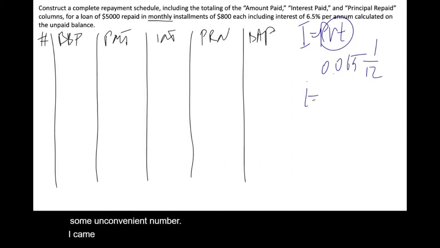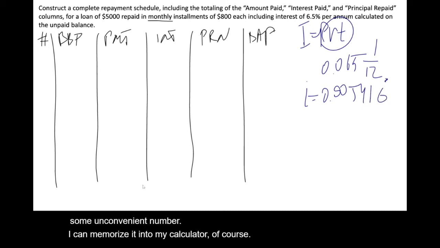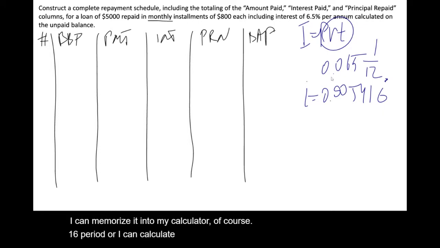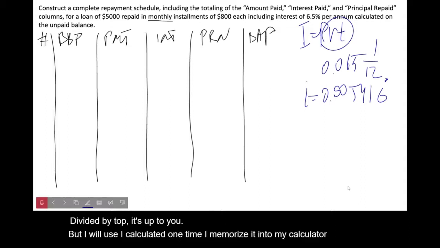I can memorize it in my calculator, or I can calculate 0.065 divided by 12 each time. It's up to you. I calculate it one time, memorize it into my calculator, and use it.